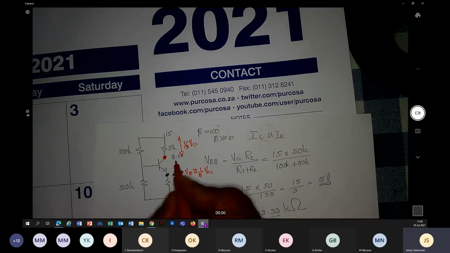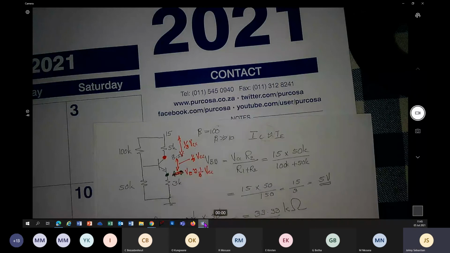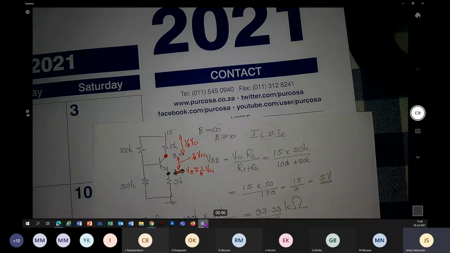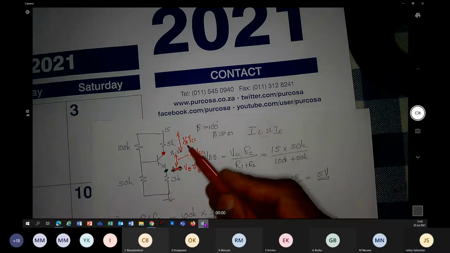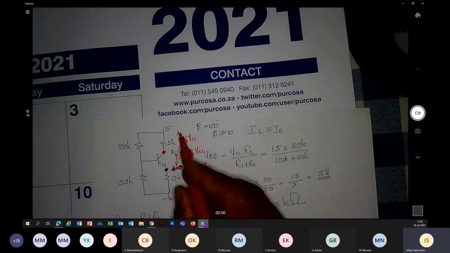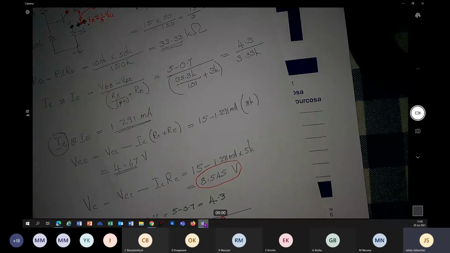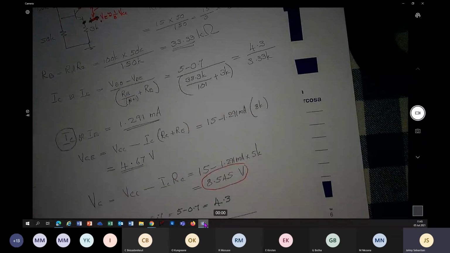So between collector and emitter will be 1/3 VCC. So if you choose this kind of arrangement, 1/3 VCC across RE, 1/3 collector emitter, 1/3 across RC, you may get this kind of an idea where positive swing is nearly equal to negative swing.